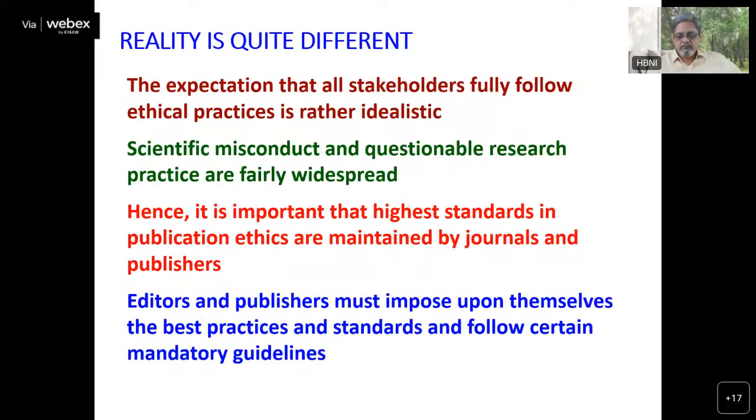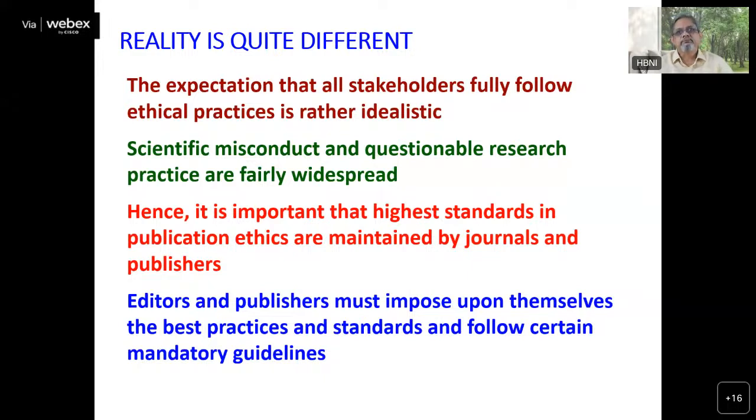But that is what you have thought of, and it is good to think like that. But the reality is rather different. This expectation, the last line which I talked about, that all stakeholders should fully follow ethical practices, is a rather idealistic viewpoint. The problem is that scientific misconduct and questionable research practices are fairly widespread in research.